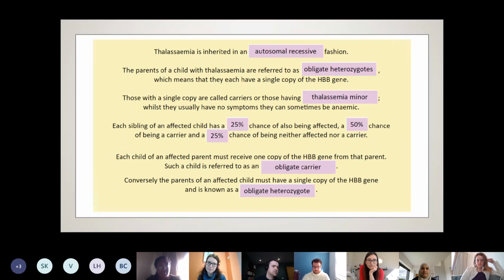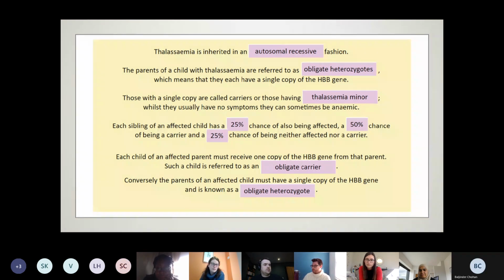Who wants to read the answers? I can read it. Thalassemia is inherited in an autosomal recessive fashion. The parents of a child with thalassemia are referred to as obligate heterozygotes, which means they each have a single copy of the HBB gene. Those with a single copy are called carriers, or having thalassemia minor. Whilst they usually have no symptoms, they can sometimes be anemic.